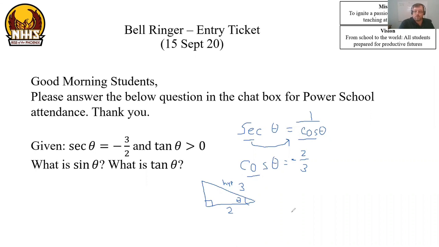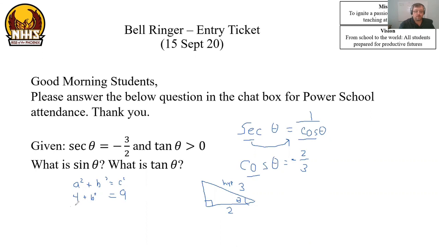And now what we kind of went over yesterday is the Pythagorean identity. So let's take a look at that. Remember a squared plus b squared is equal to c squared. Well, c is the hypotenuse, so that's 9. This side is 2, so that's 4, plus b squared.